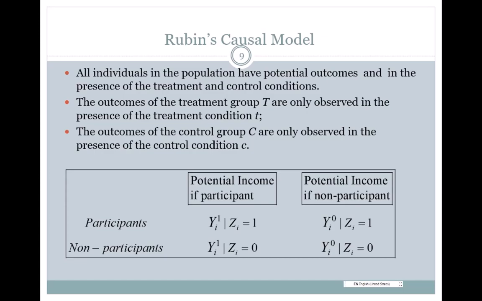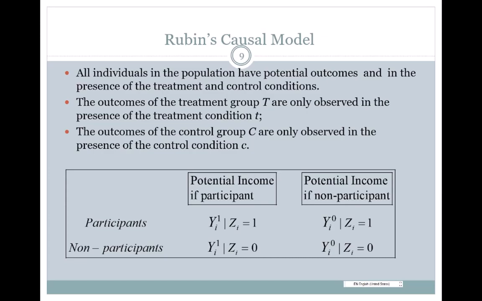In Rubin's causal model, all individuals in the population have potential outcomes in the presence and absence of treatment. However, you can only observe one of those potential outcomes. So for the treatment group, you only observe the outcome in the presence of treatment, and for the control group, you only observe the outcome in the absence of treatment.